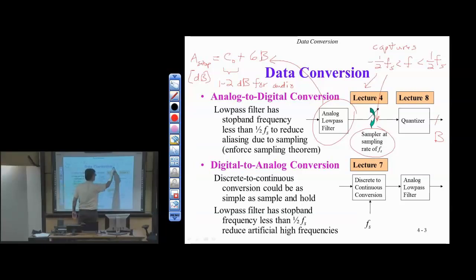Yeah, 0.9 is fine, 0.95, something of Fs. So the stopband frequency is slightly less than half the sampling rate, or it has to be less than half the sampling rate.